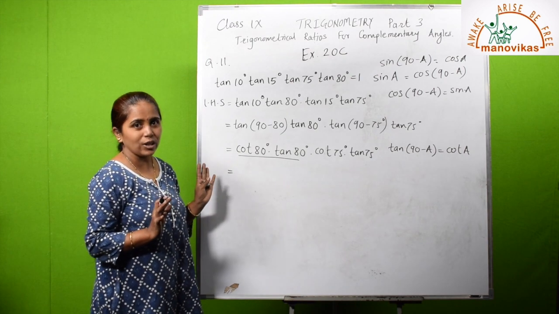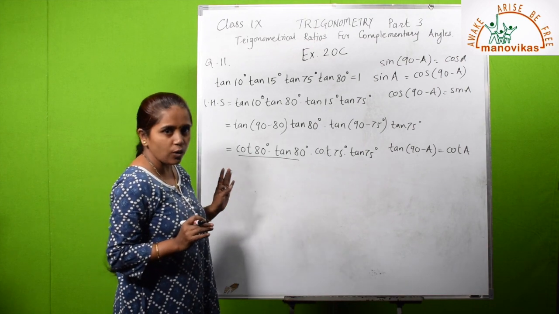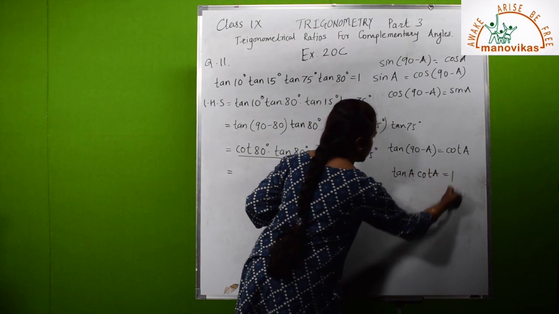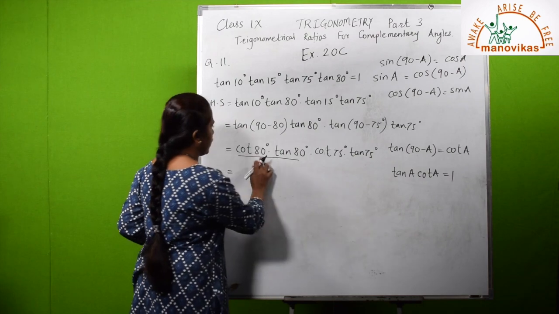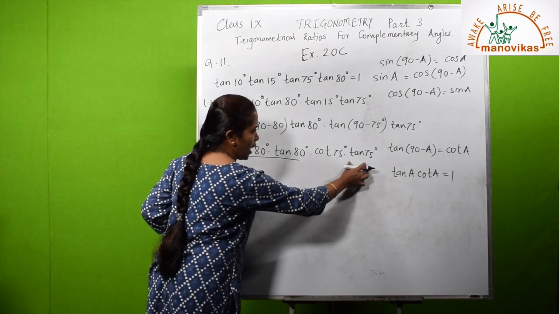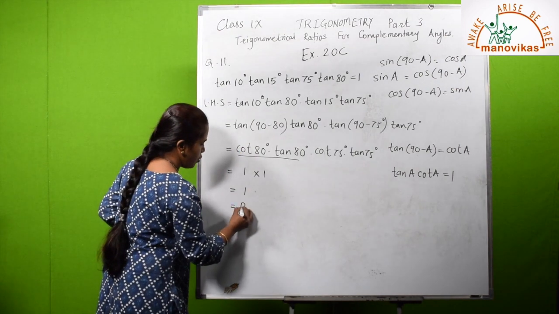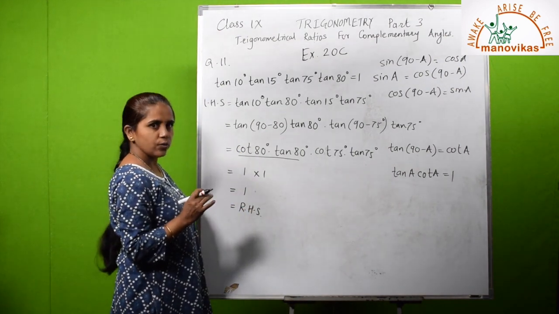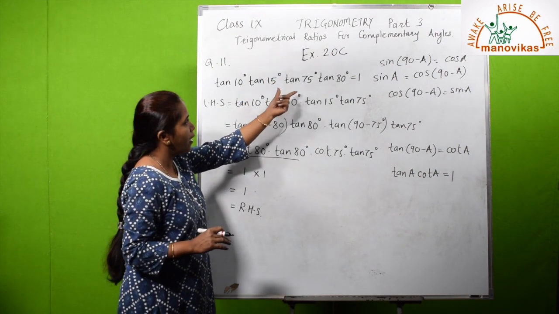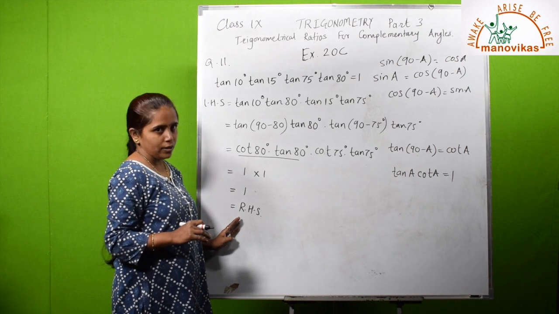What is the relation between cot and tan? Cot is the reciprocal of tan, or tan is the reciprocal of cot. So what will be the product? Tan A into cot A is always 1. So here cot 80 degree into tan 80 degree is 1, into cot 75 into tan 75 is 1. So 1 into 1 is 1. So it is equal to RHS. Understood? We have proved that tan 10 degree into tan 15 degree, tan 75 into tan 80 degree is equal to 1. LHS is equal to RHS.